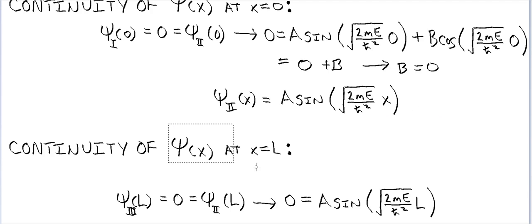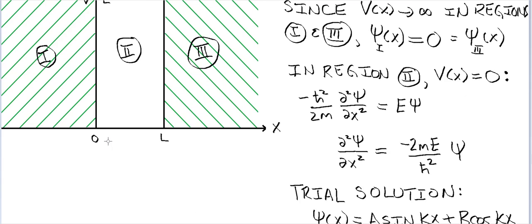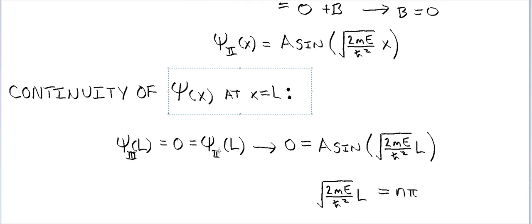Okay, then let's also look for continuity of psi at x equals L. It goes to 0 in region 1, but it also goes to 0 in region 3. And so in region 2, it also needs to approach 0 as it approaches L.